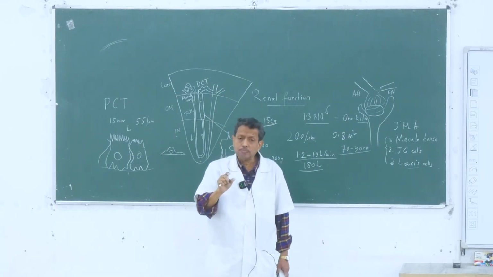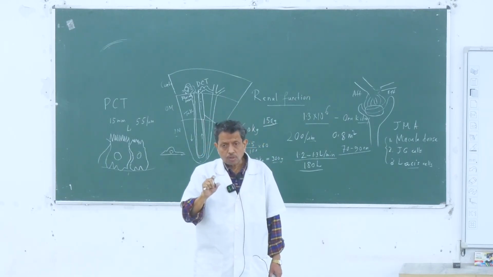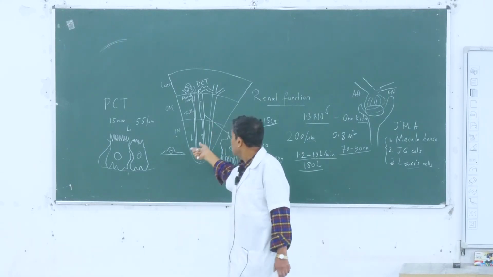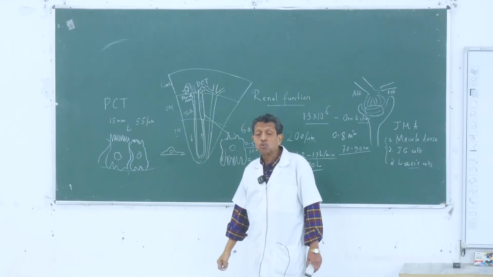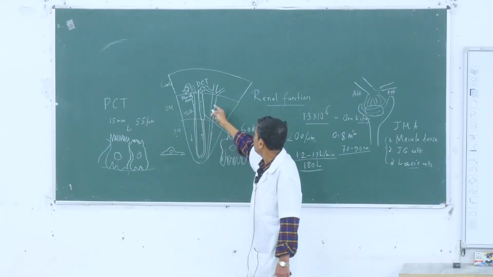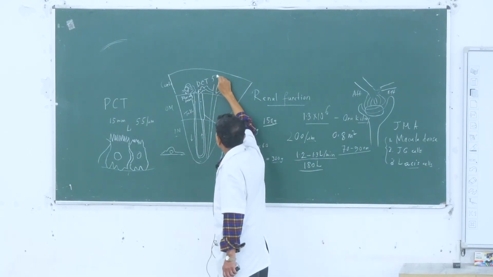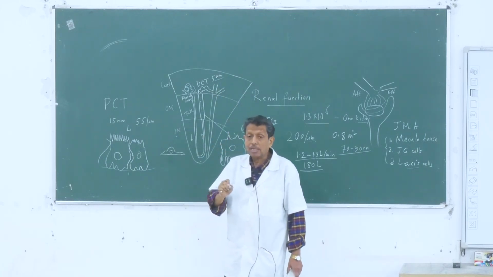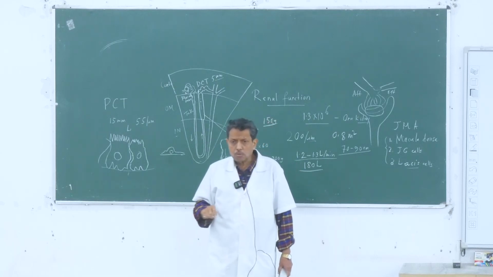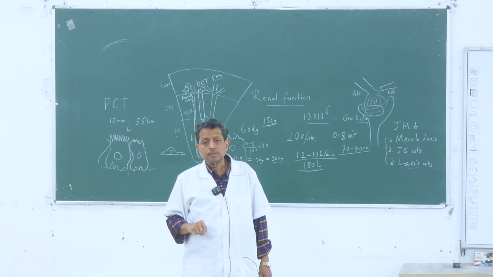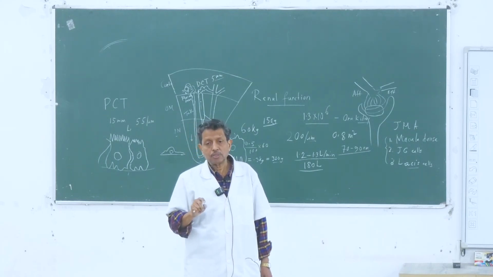It is small in cortical nephrons, and in juxtamedullary nephrons it is long, 2 to 12 millimeters. The distal tubule is about 5 millimeters in diameter. It has some microvilli, but not as numerous as in the proximal convoluted tubule. It also has important absorptive functions.